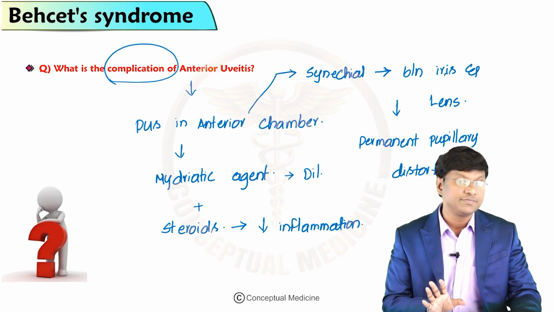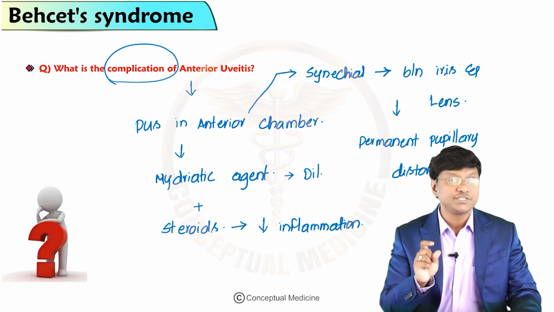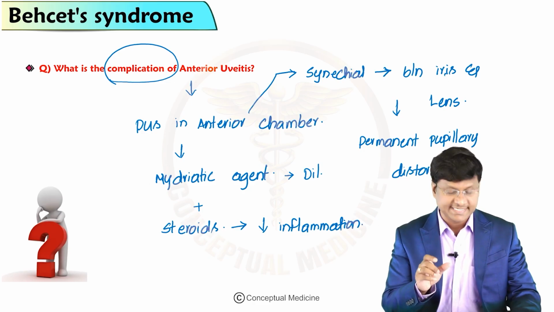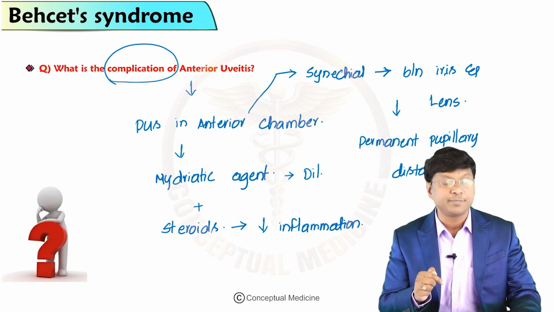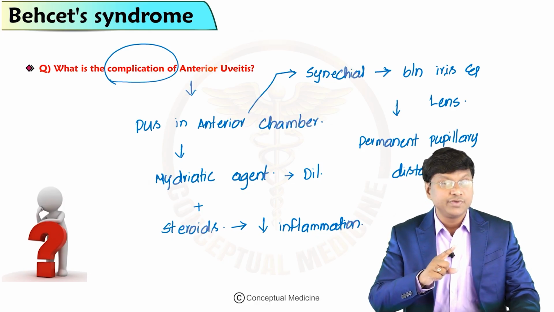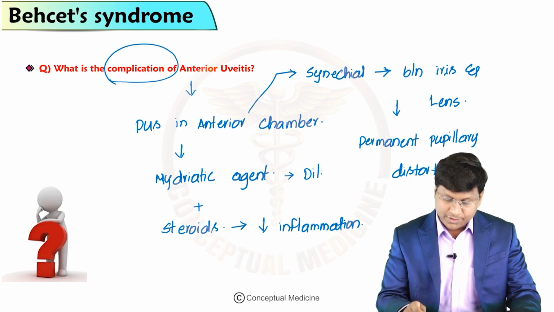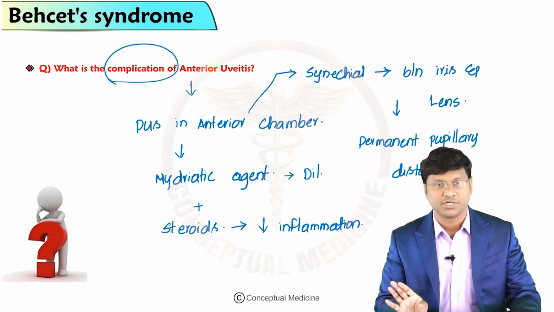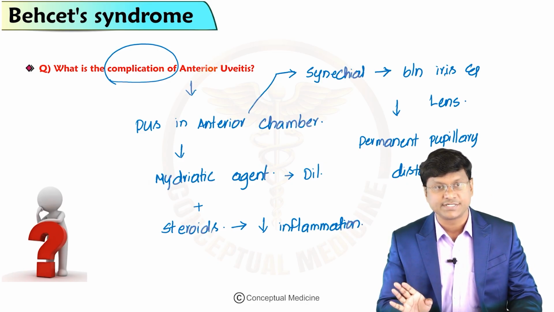And the complication of the anterior uveitis is the formation of hypopyon, that is the accumulation of pus in the anterior chamber, and if it is not treated properly with mydriatic as well as steroid, the anterior uveitis may lead to synechial formation between iris and lens, and that will cause permanent pupillary distortion. So that is the ophthalmic manifestation in patients with Behcet's.